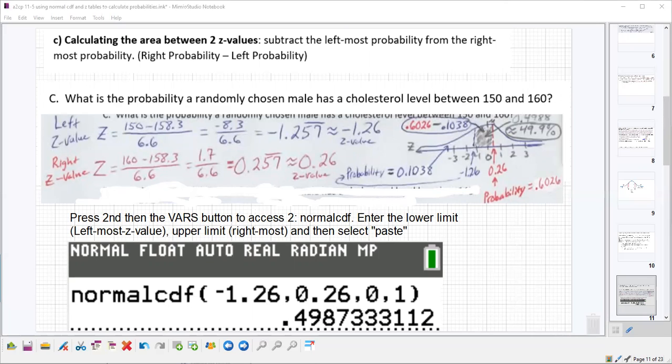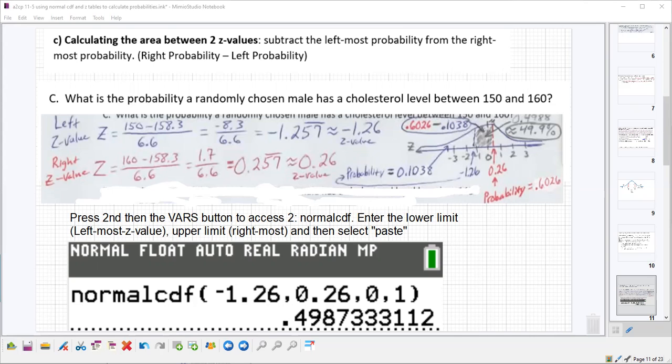For this sample, we're keeping the mean at 0 because we're using z-values. You cannot use z-values and enter the mean of the data set. And then the standard deviation would be 1 because we're using that standard normal curve and because we're using the z-values. When you hit paste, it'll actually paste it in on the screen.